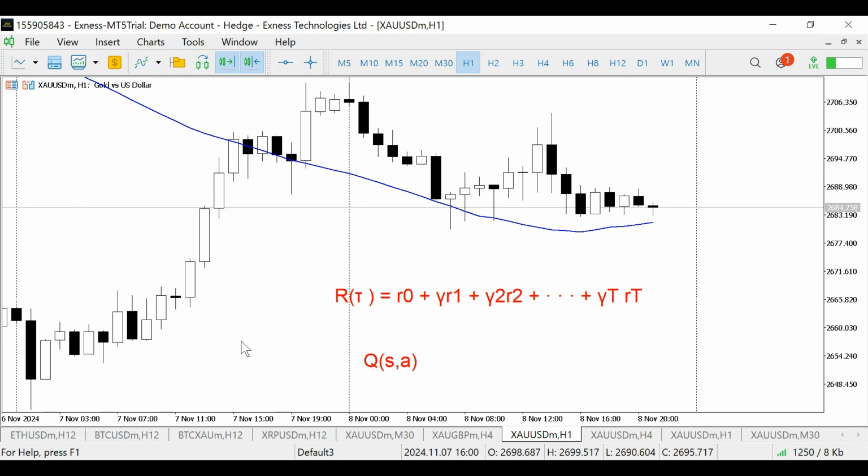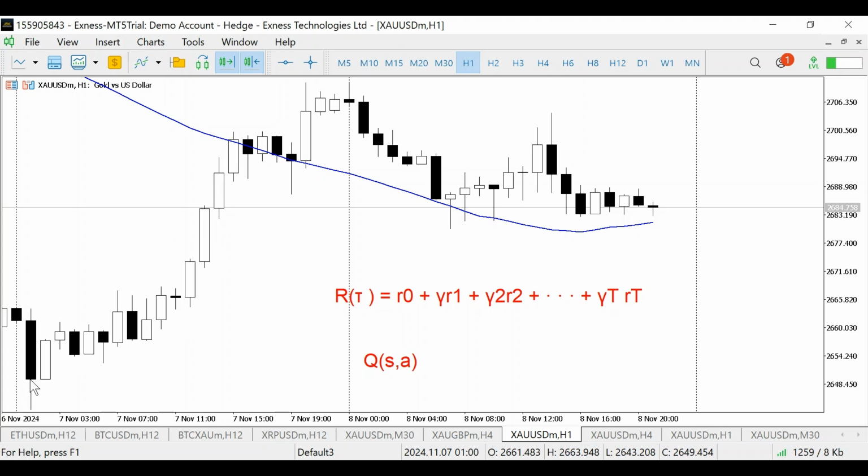Now, what is Q value? Q value is the value of each state based on the action that we take. Q value is very important for us. Here, if we go by this, then the cumulative reward that we get, you see, we can make a lot of pips. So the Q value here should be very high for a buy trade.